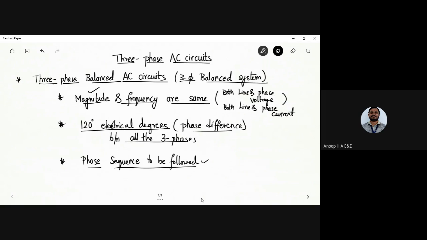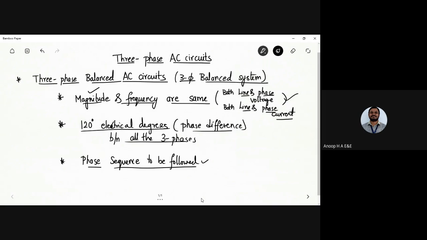Once I have these line voltage and line current, phase voltage and phase current, as we talk more about three-phase AC circuits in the coming classes, we'll be highlighting more on the definition part of it, and how to solve certain numerical problems based on a given line voltage or phase voltage, so when to take line voltage and when to take phase voltage, and so on.